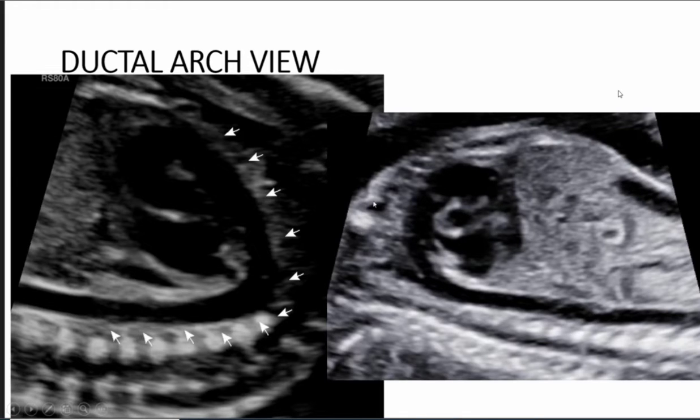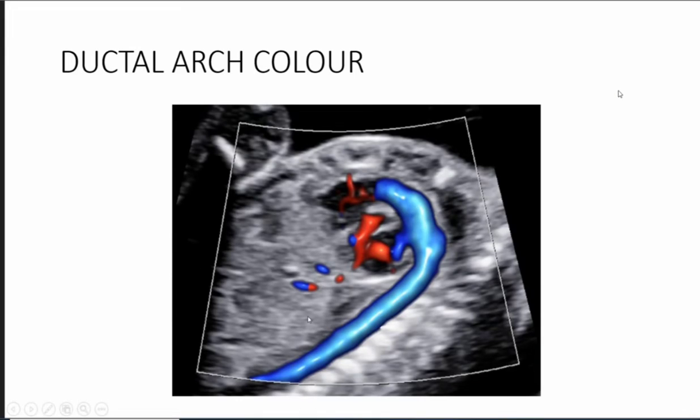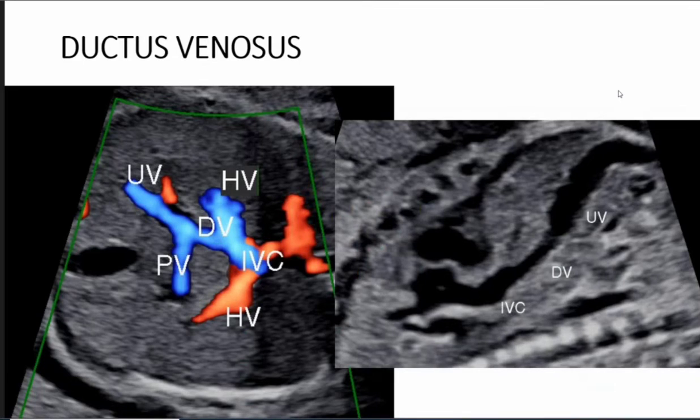So this has a large curve, no branches, and it resembles a hockey stick. So the ductal arch is a continuation of pulmonary artery, ductus arteriosus, descending aorta, and this is how the ductal arch view looks in color Doppler.